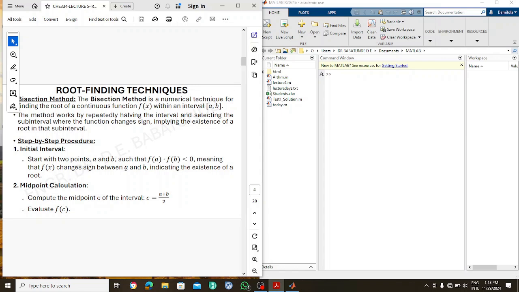You put b inside f of x, you get a value. So those values f of a and f of b, by the time you multiply them together, the product has to be less than 0. Okay, so if the value is less than 0, that means it's negative, right? Then you can say, okay, there is a root in between this interval.